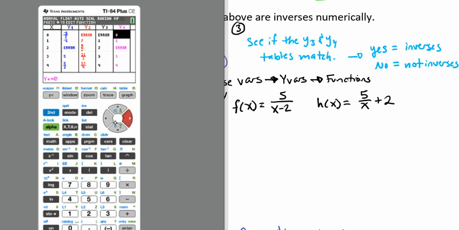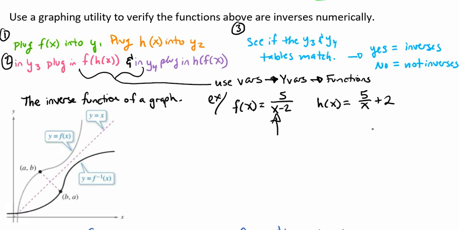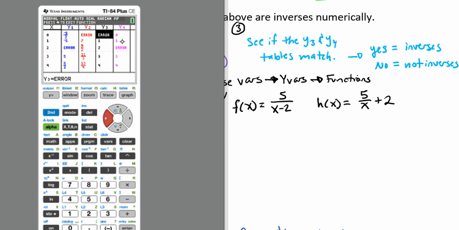So we have some errors because there's x's in the denominators here, which means that there's going to be a number that they do not exist for, because you can't have a 0 in the denominator, right? But other than that, if we look, we see 1 and 1, 3 and 3, 4 and 4, 5 and 5, and we notice that these numbers all match up, and that's what we're looking for.